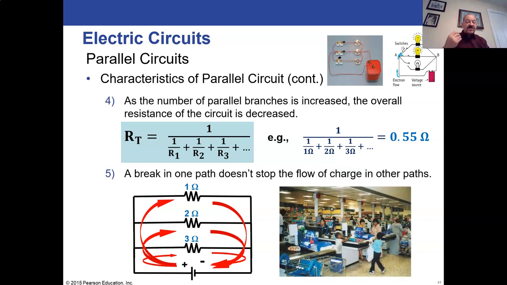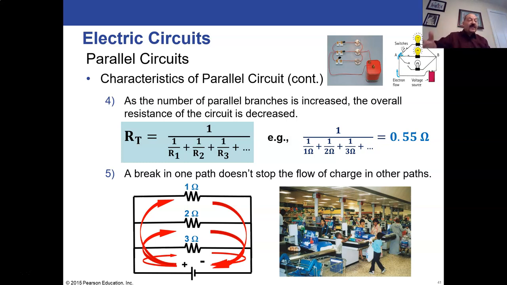And you can think of this as analogous to if you were in a store and it was time to go to the checkout line, and if there was only one line, you'd have to wait with everybody going through. You're another electron getting through the line. But if you have multiple lines open, even if they all go different speeds or there are different difficulties to get through the line, it's still much better than having just one line.